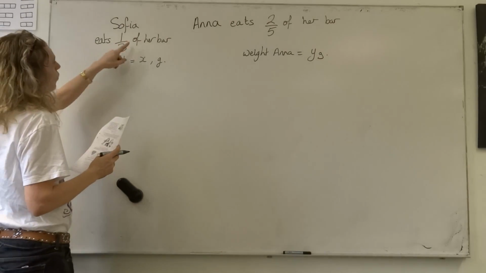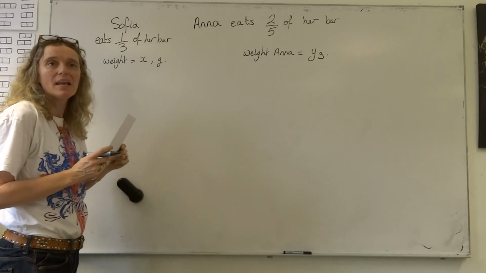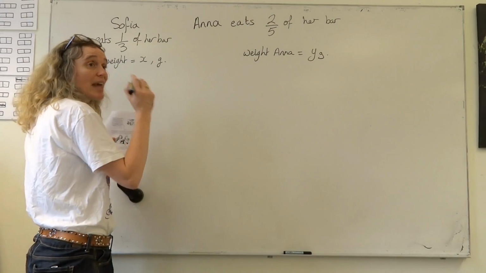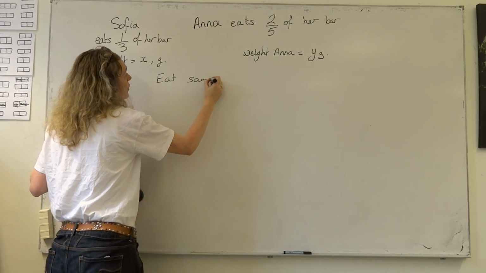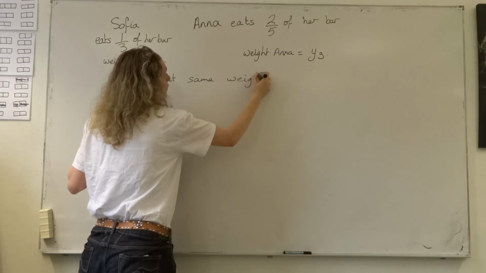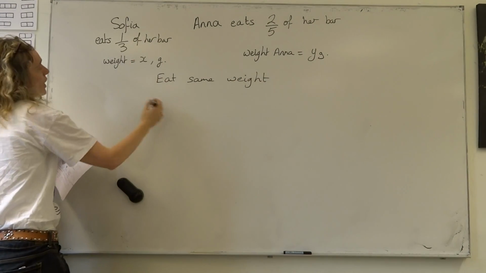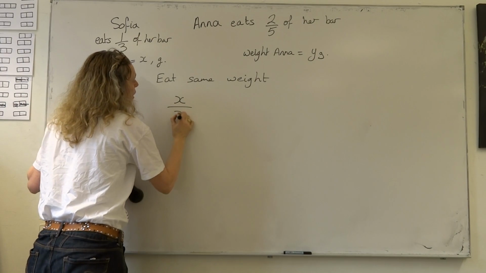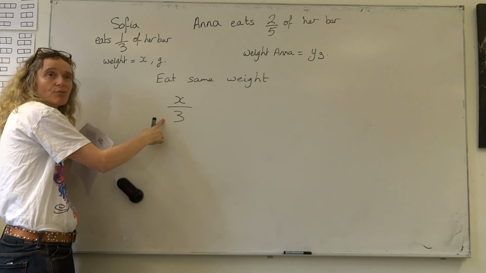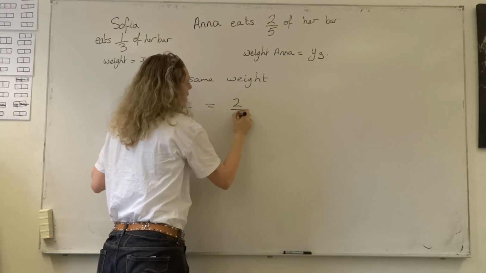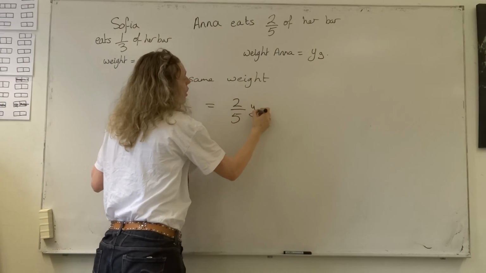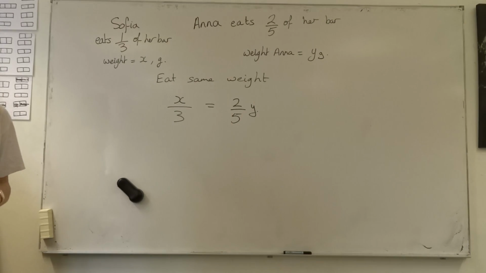Well, we know that when they both eat the same weight of chocolate, so that's the key here, they eat the same weight. So that must mean that 1/3 of Sophia's bar of chocolate, X divided by 3, must be the same as 2/5 of Anna's bar, which is Y.